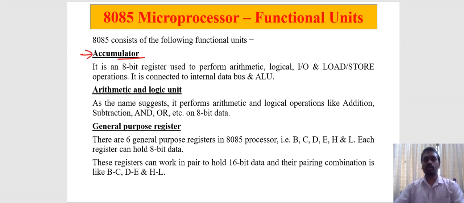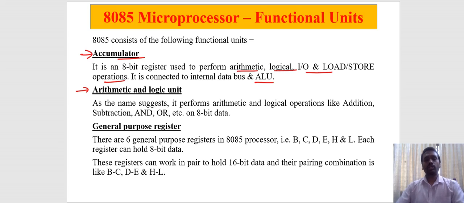It is used to perform arithmetic, logical, and some I/O load and store operations as well. It is internally connected to the ALU, because one of the operands is always placed in the accumulator, and after executing any instruction, the result is placed back into the accumulator register. So that's the use of the accumulator.